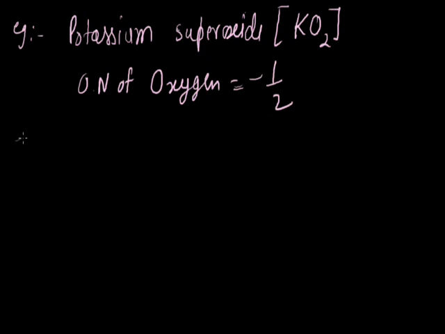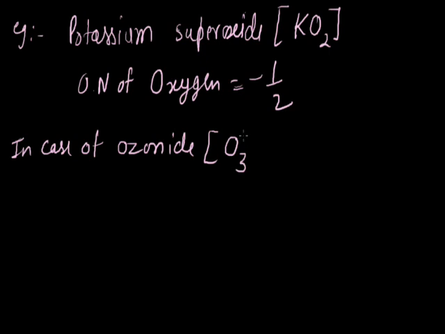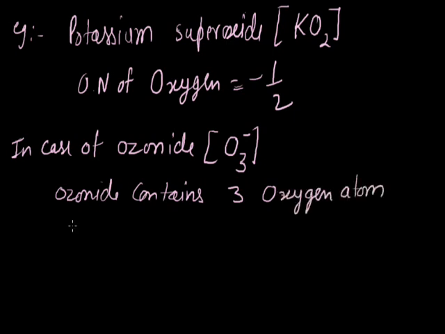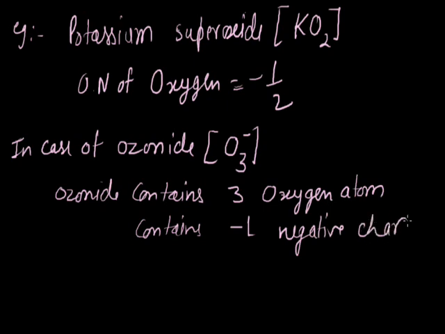And in the next case, in case of ozonide, we can represent ozonide by O3 minus. According to this formula, ozonide contains 3 oxygen atoms and contains -1 negative charge.